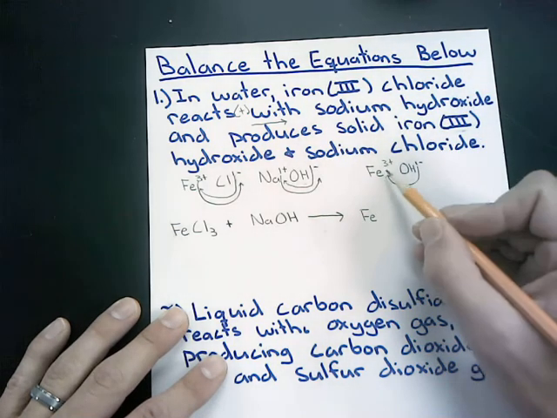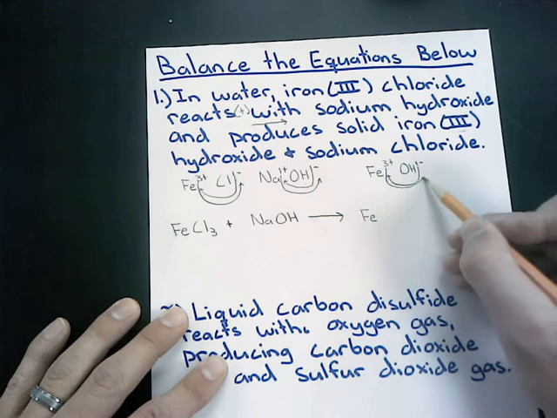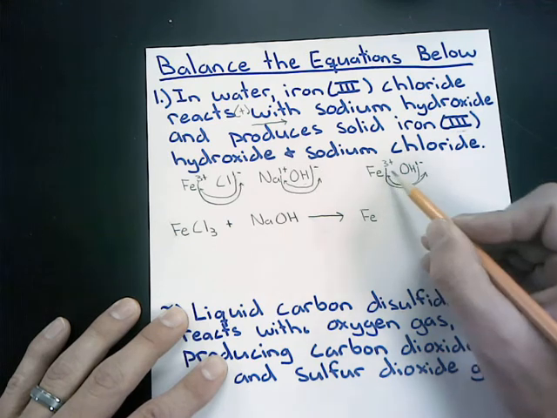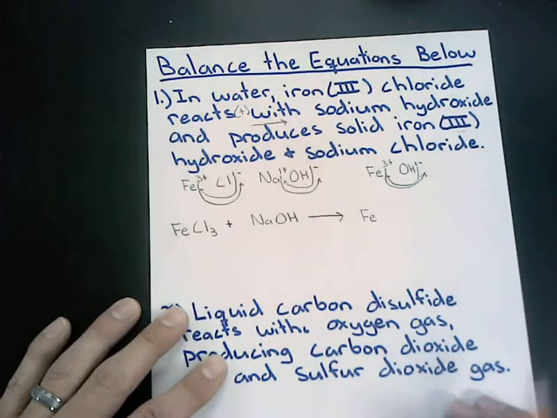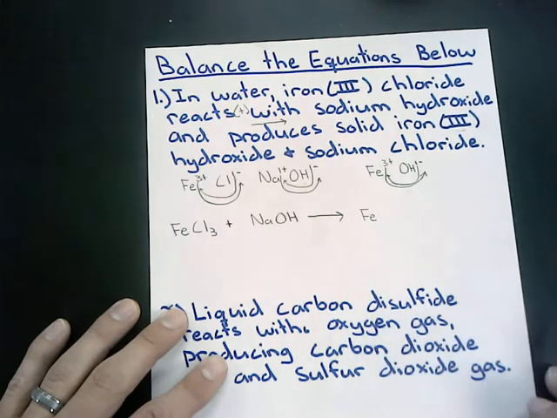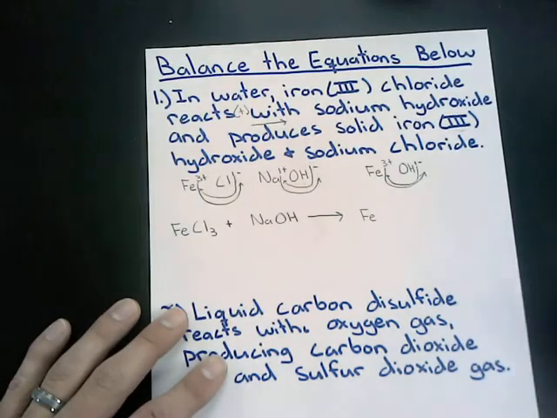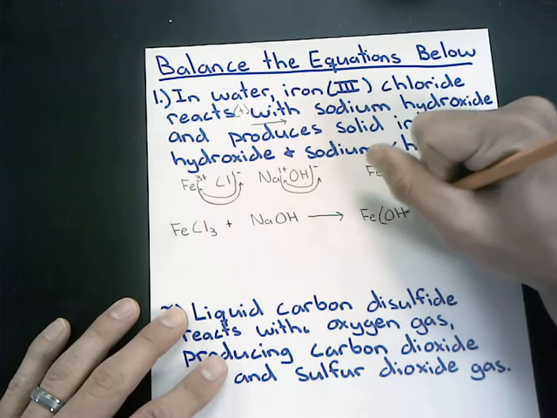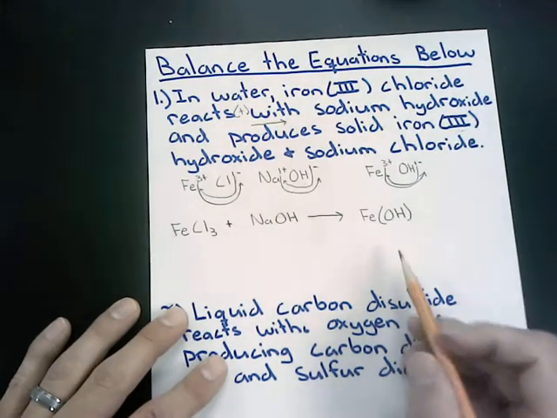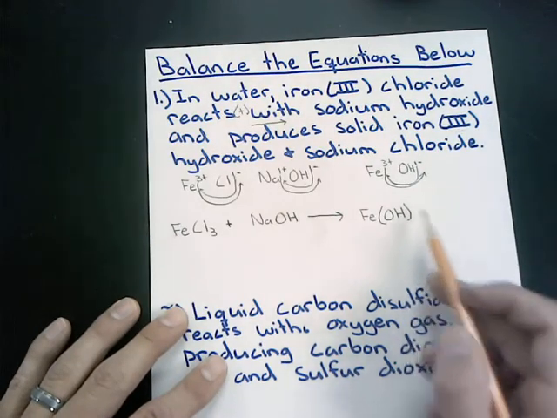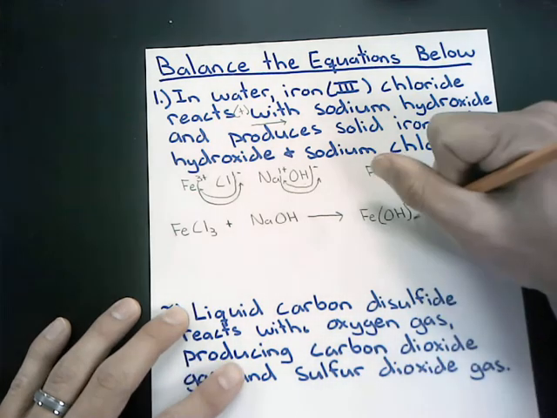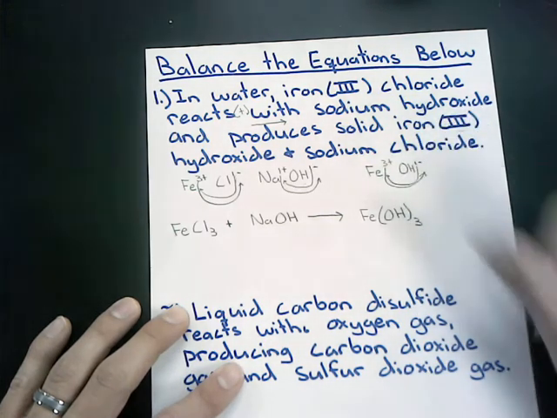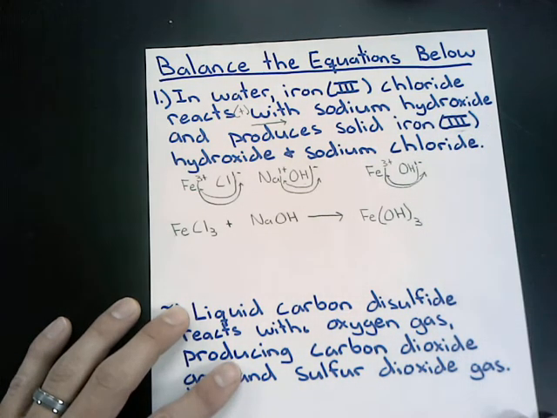Then we crisscross the charge number here, and we need 3 OH minuses. Now because OH minus is a polyatomic ion and we need multiple of them, when we put it down here, we have to put that whole chunk in parentheses because we need OH as a set and we need 3 of them. And that's really important when we come to balance.